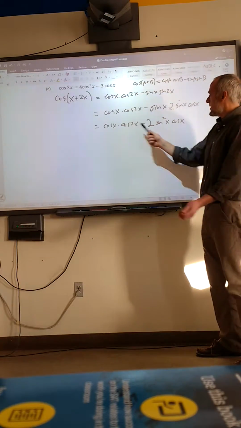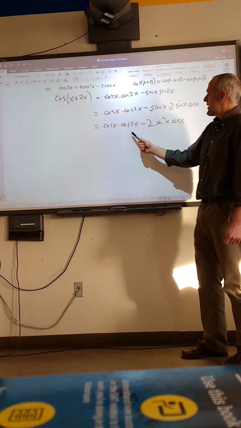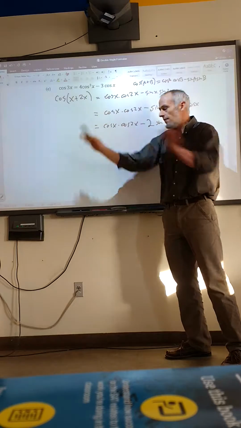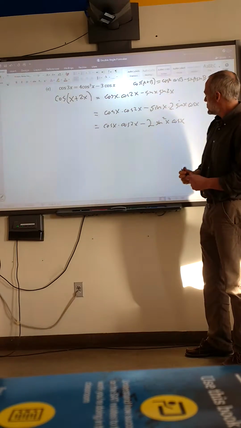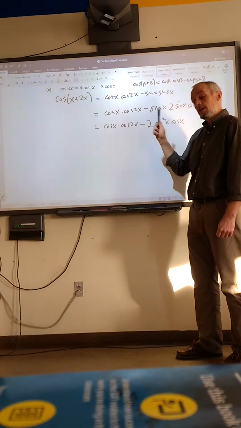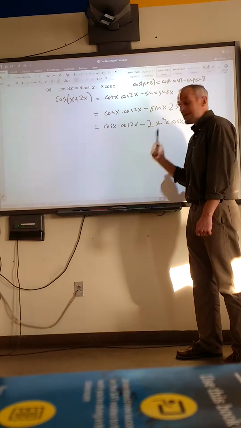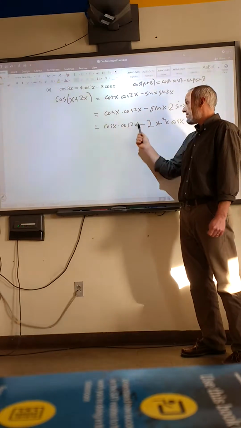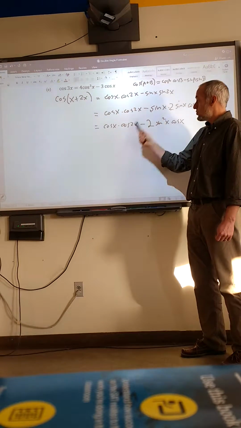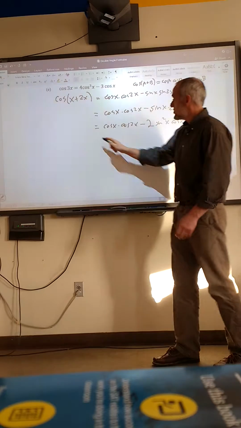And at this point, I have some sines here, and I'm trying to get all down to cosine x and nothing else. So I'm going to use the double angle formula for cosine, and I'm going to use the version that only has cosines in it. You have 3 versions of this, and I'm going to choose the one that only has cosine squared in it.